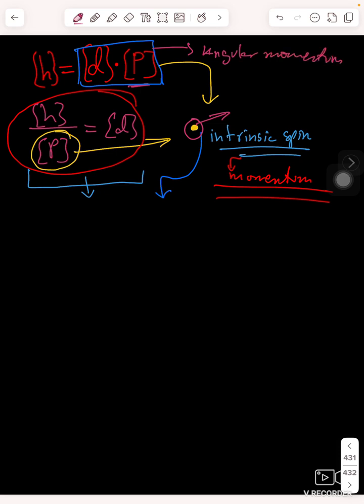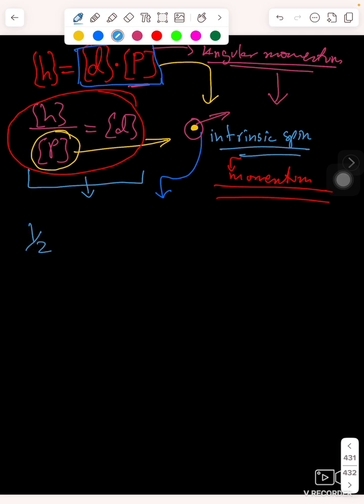So we can define angular momentum for a one half spin particle as one half of h, one half of Planck's constant. That's how we can describe a one half spin particle.